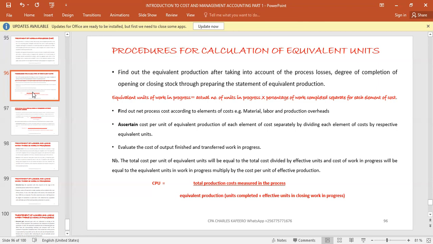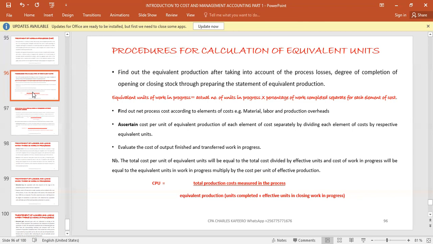They can give you the production process and say that we are putting in 10,000 units, but out of the 10,000 units, they may split it and say that 5,000 went through as completed units, and let's say 3,000 was closing work in progress. It did not go through all of it, but it went through different stages of completion in respect of each element of cost, and they give you the percentages.